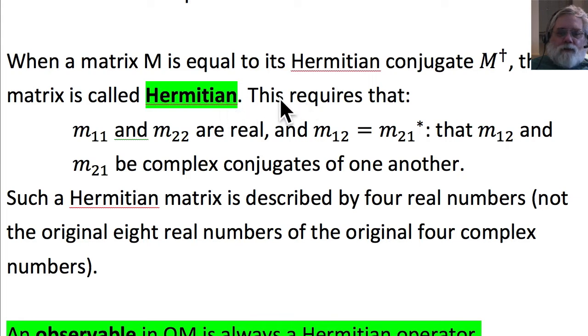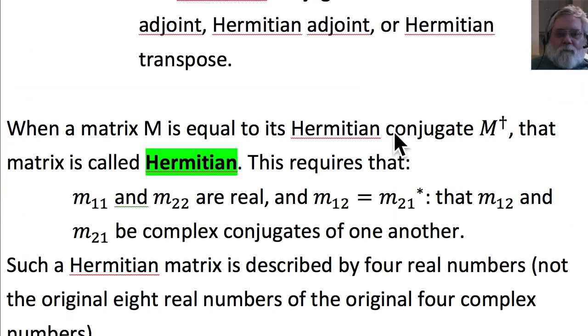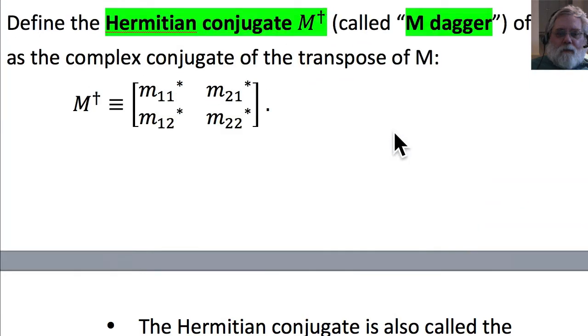So when will that be true? M must be equal to M dagger. Well, here's M dagger. When will M be equal to it? Well, M11 will have to be equal to M11 star.